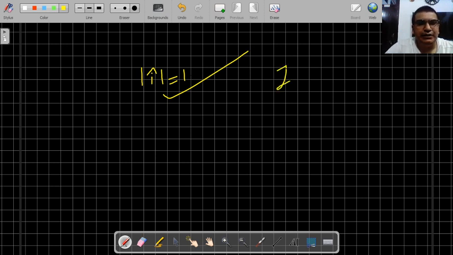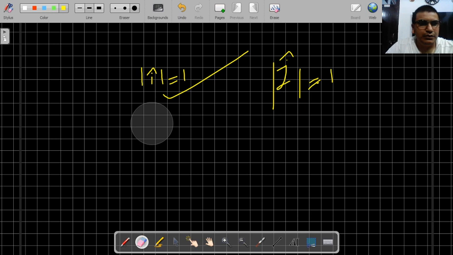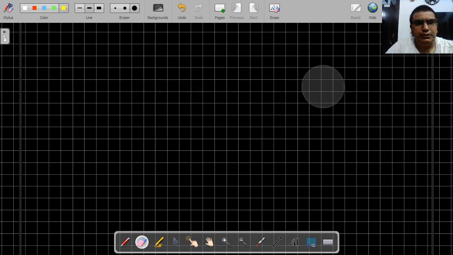Similarly, j cap is also a unit vector along the direction of the y-axis, whose magnitude is also 1. k cap is also a unit vector along the z-axis, whose magnitude is 1. So any vector whose magnitude is unity is called a unit vector.